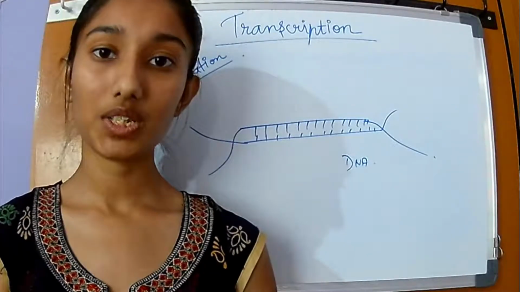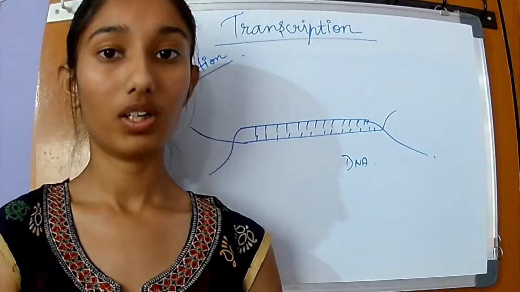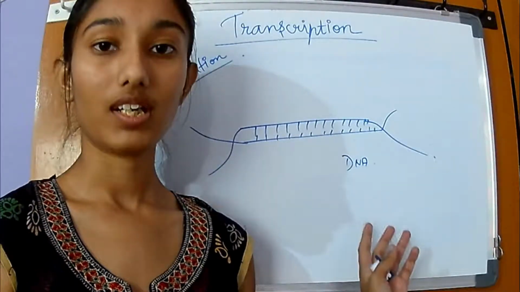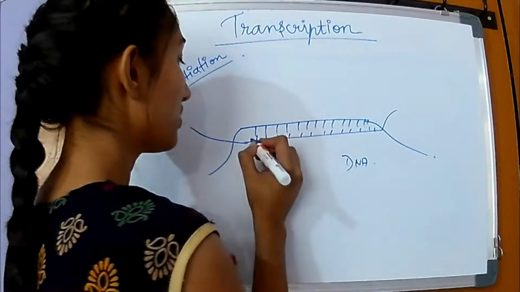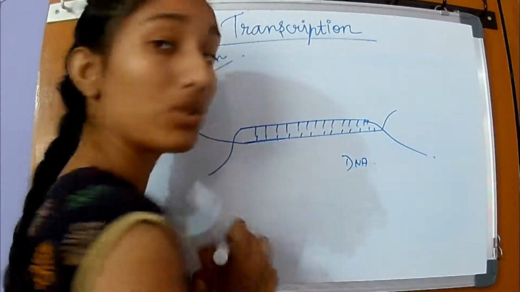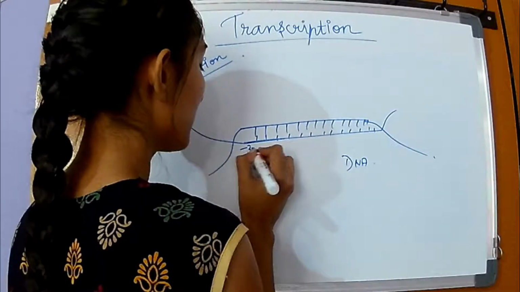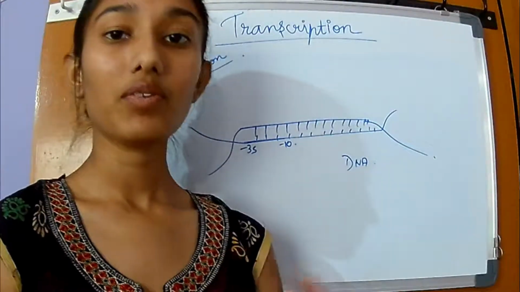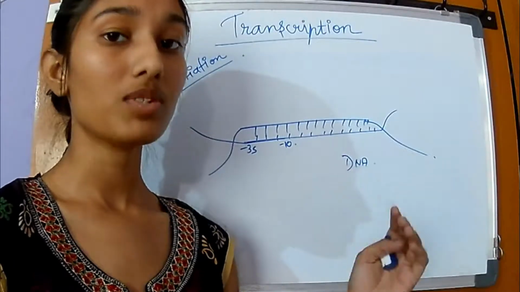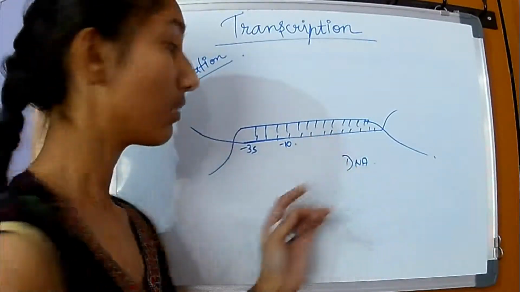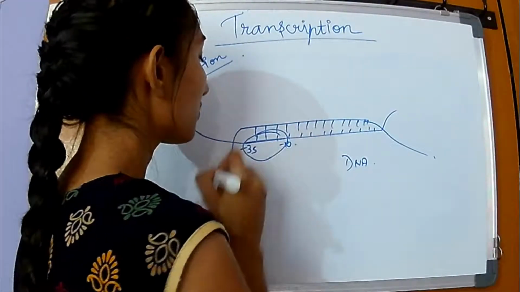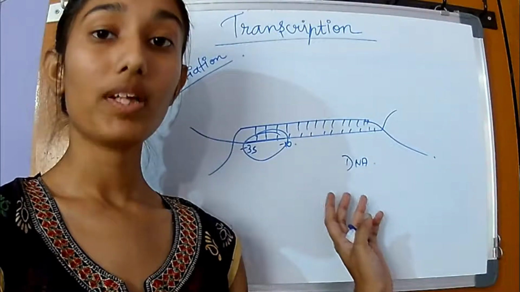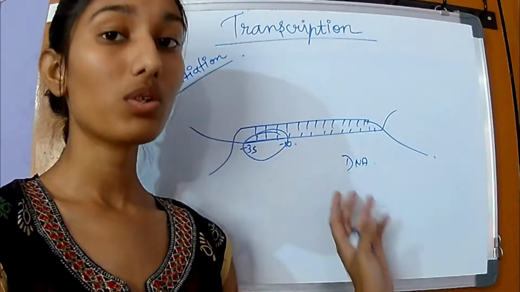Now, in the initiation process, as I told you earlier, there is a promoter sequence present on the DNA itself. So suppose these are the promoter sequences, -35 and -10. The enzyme RNA polymerase comes and first binds to this sequence. When it binds to this sequence, the complex formed is called the closed complex.